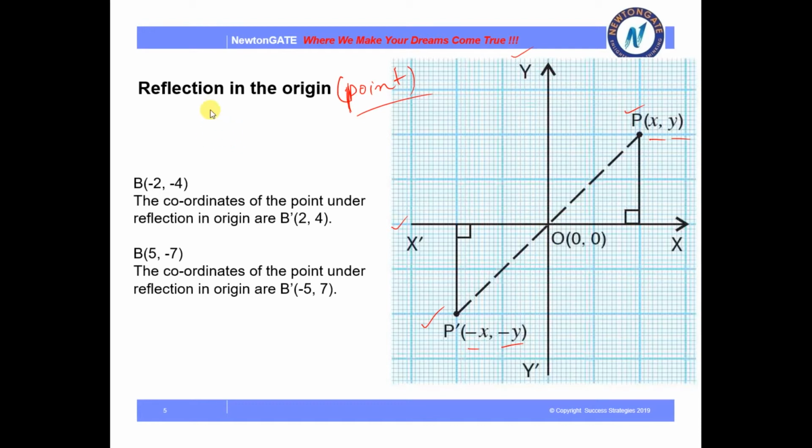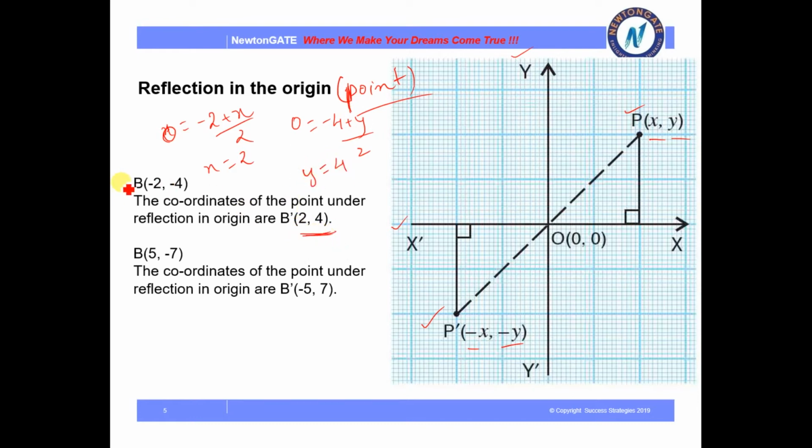If O is the midpoint, the point after reflection will be, let's say, x. 0 is equal to minus 2 plus x by 2, so x becomes 2, and 0 is equal to minus 4 plus y by 2, so y becomes 4. So we get our point 2 comma 4.